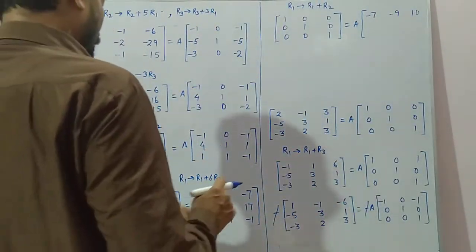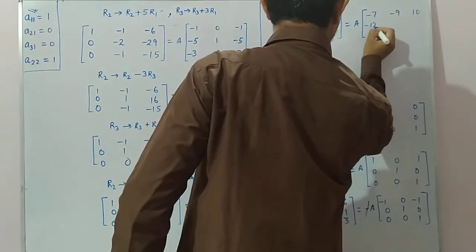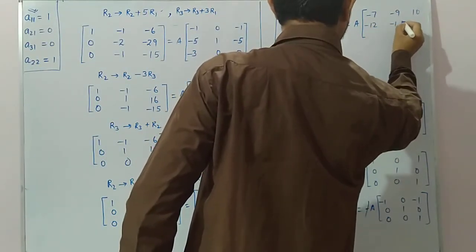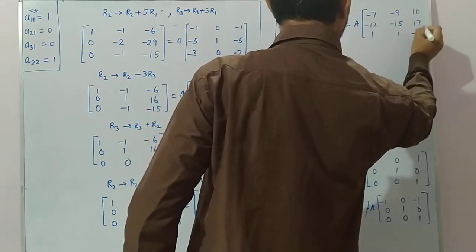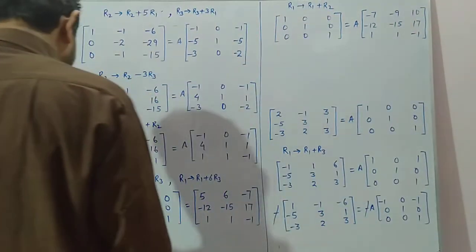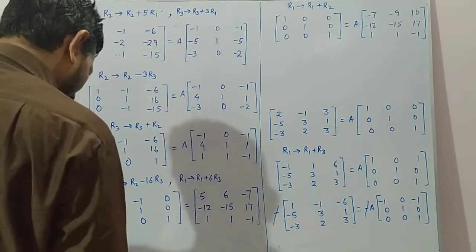Then remaining minus 12, minus 15, 17, 1, 1, minus 1. So this is the inverse of the matrix which you are getting.